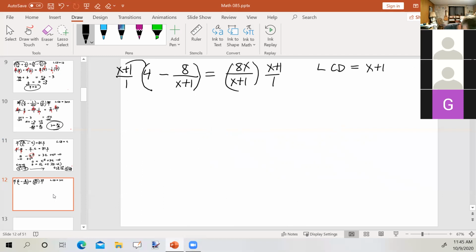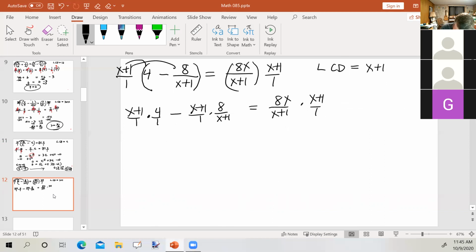So distributing, we get x plus 1 times 4 minus x plus 1 times 8 over x plus 1 equals 8x over x plus 1 times x plus 1.